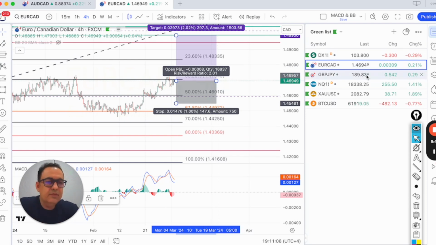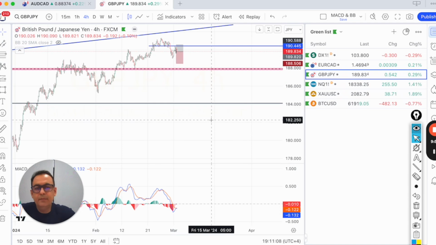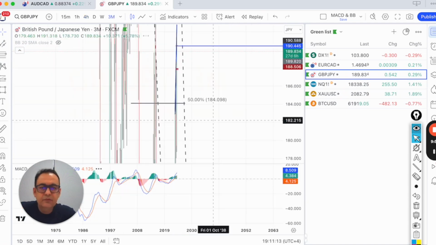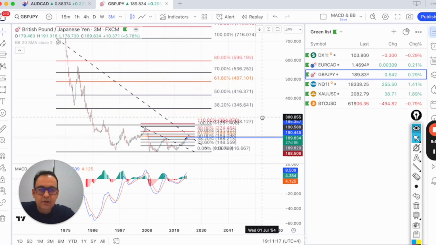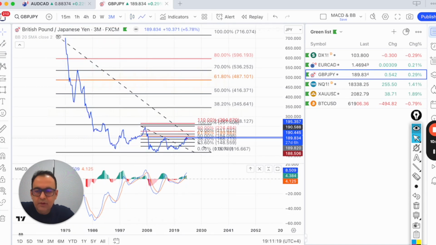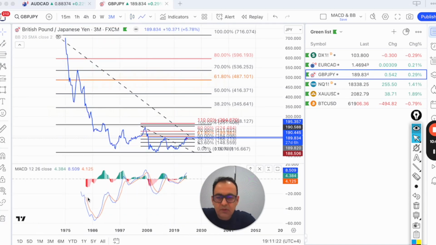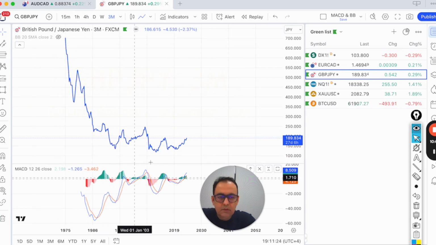Now the next currency pair is pound JPY. I'll move to a longer term chart here. So I'll start from the 3 monthly chart, and based on the 3 monthly chart, give me a second, I need to clear the drawings.